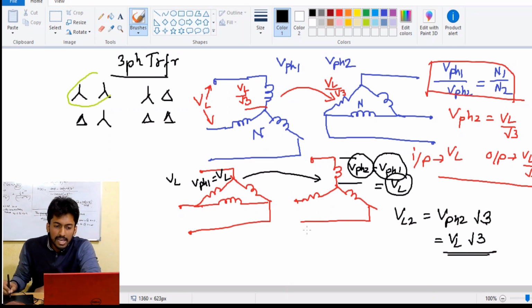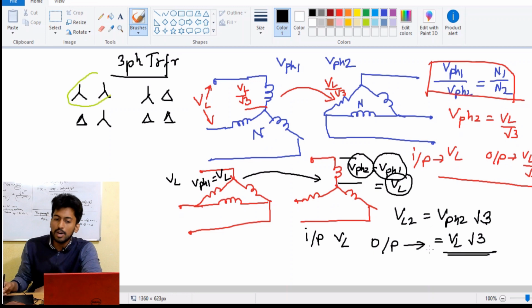What we are getting? Input voltage was VL and the output voltage is now VL into root 3. Means the voltage is stepped up by root 3 times. This is the inherent step up action of this kind of transformer connection. So if you have the same number of turns, then also in case of a 3-phase transformer, you can actually have a step up or step down effect in your output terminals.